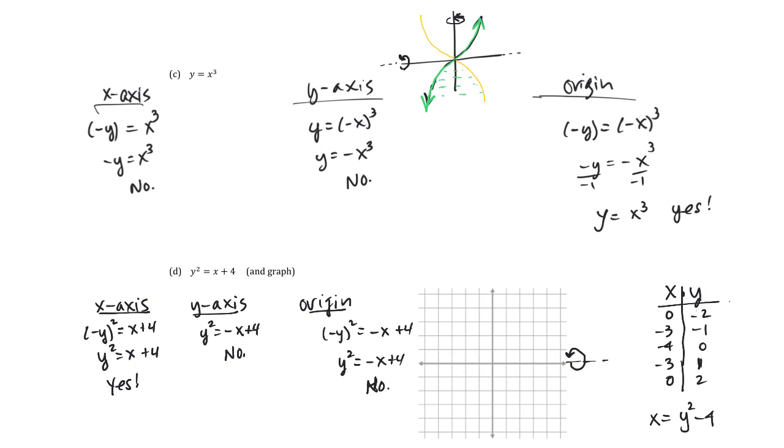Okay, so there's my points, and now graphing those: x is 0, y is -2, and x is -3, y is -1, x is -4, y is 0, and then the rest of these. Okay, so it's this parabola that opens horizontally, and that is symmetrical across the x-axis.